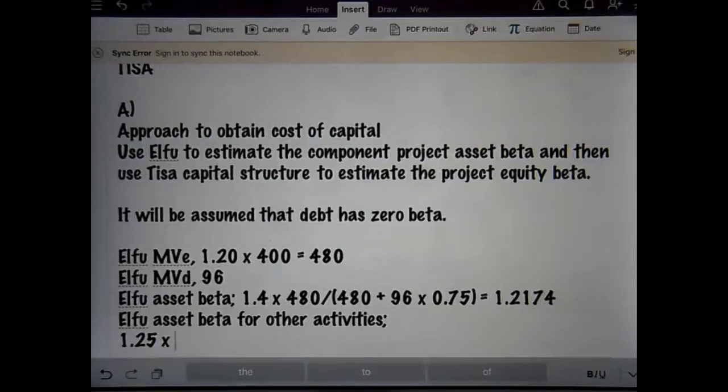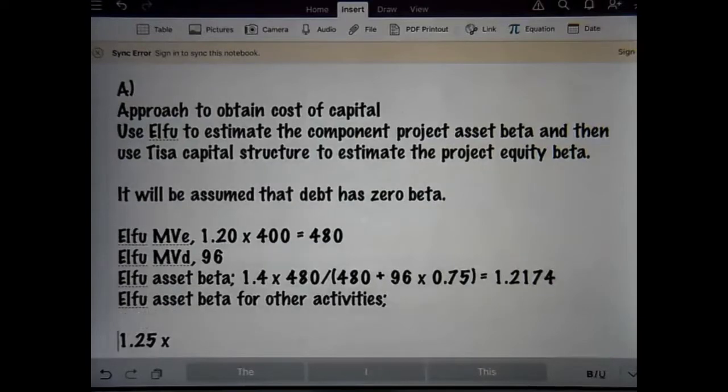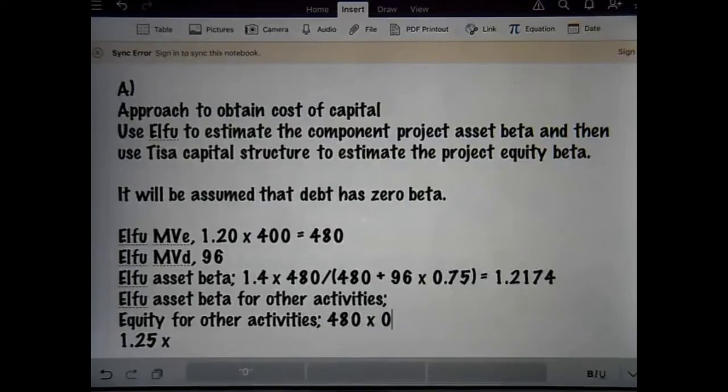So, first of all, you better find out the equity attributable to other activities, okay? Are you clear? Can, cannot? Clear? Not clear?